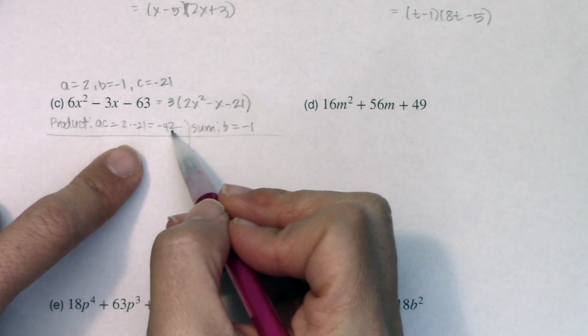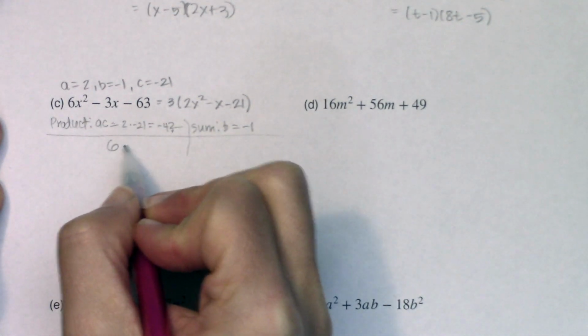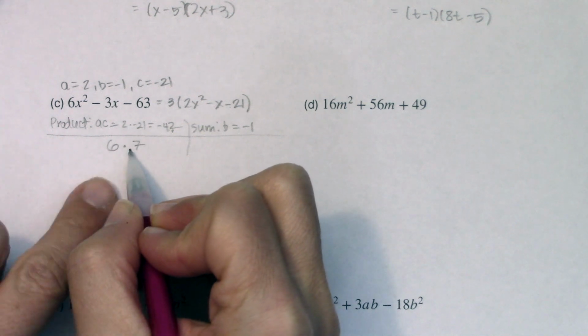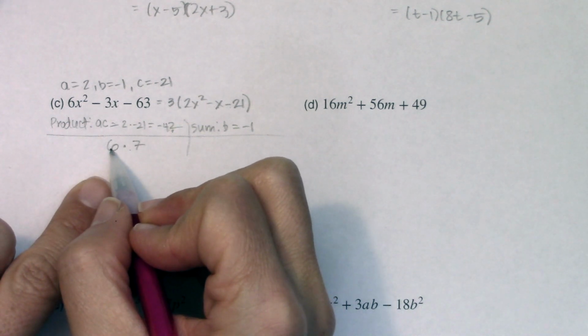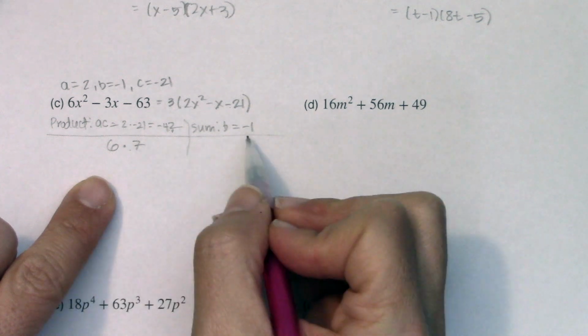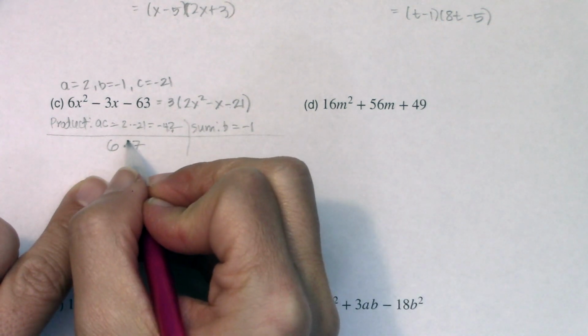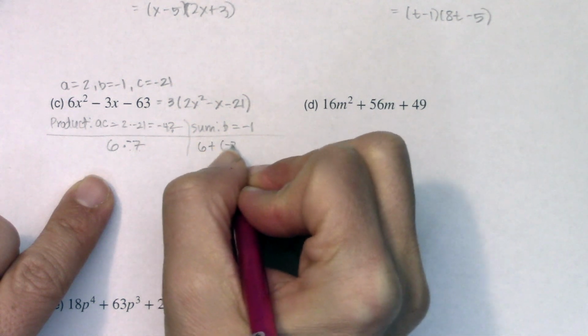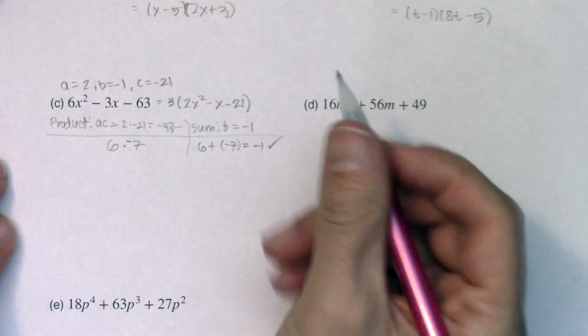And I'm going to use 6 and 7 because I know that they're only off by 1. So 6 times 7, first of all, is not -42. That is positive 42. So I'm going to need a negative either on the 6 or on the 7. But if they need to add to -1, I'm going to put the negative on the 7. Because then 6 plus -7 is -1, and I've unlocked it.